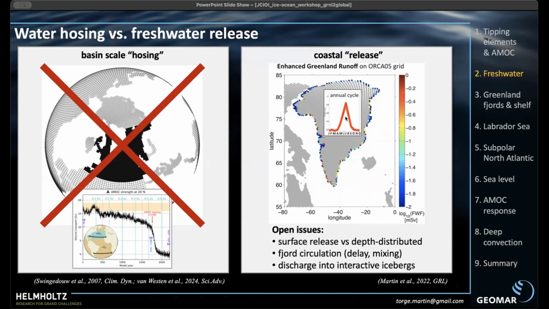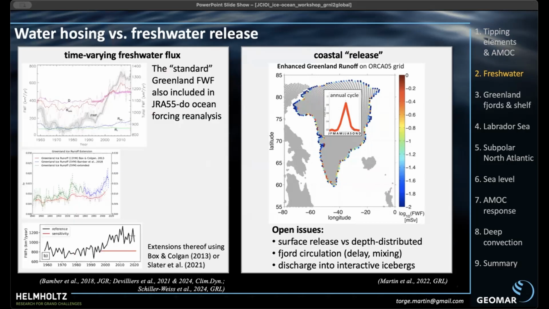And there's a strong peak in summer, of course. And this is what has been used much more in recent years to drive high resolution ocean models. And that's what we also do in our group in Kiel, to use this kind of data set. I'll come back to that.